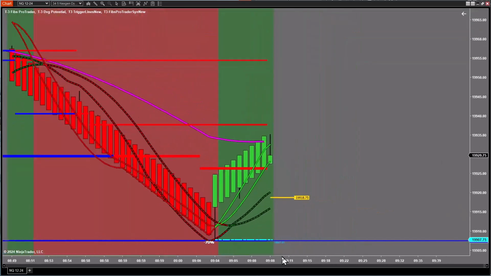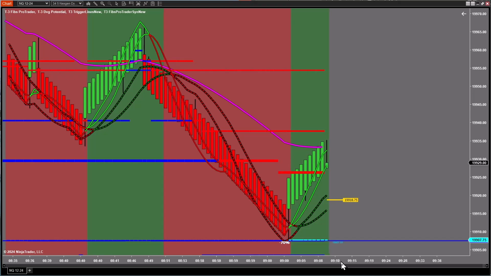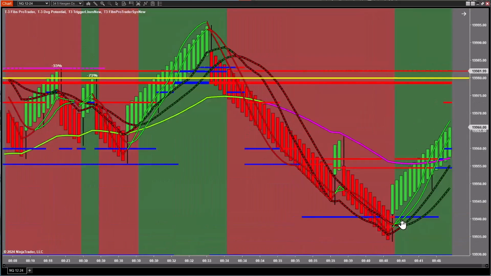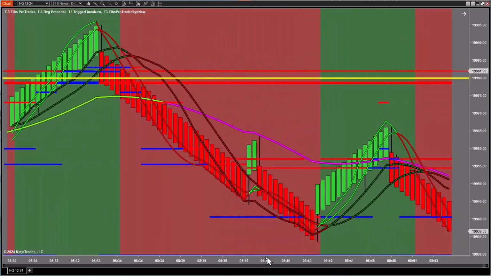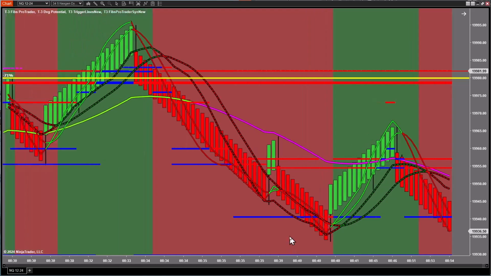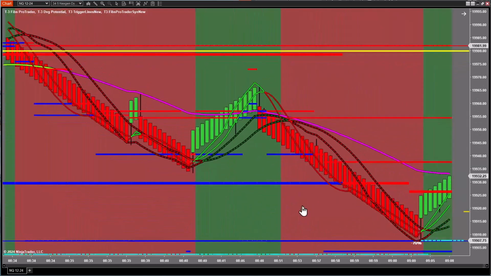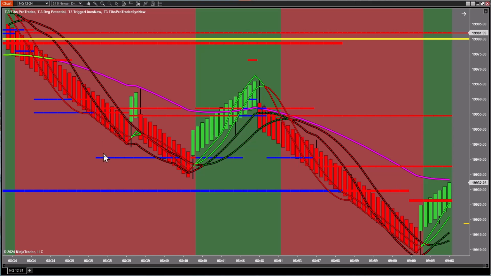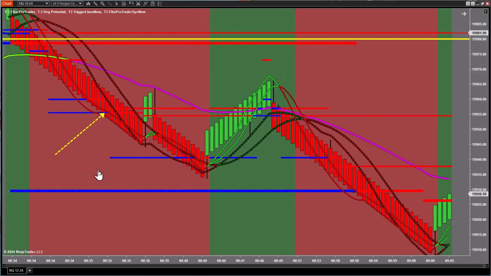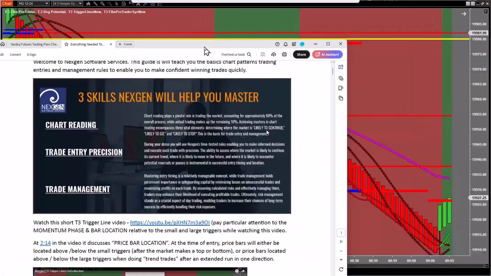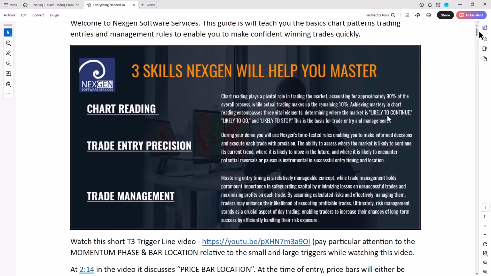And anytime we get looks, whatever the look is, we have to be able to ascertain whether or not there's a trade setup or not. So, again, when we get to Fibonacci support, remember the two key words that we talked about in this PDF, and I'm going to show them to you here.